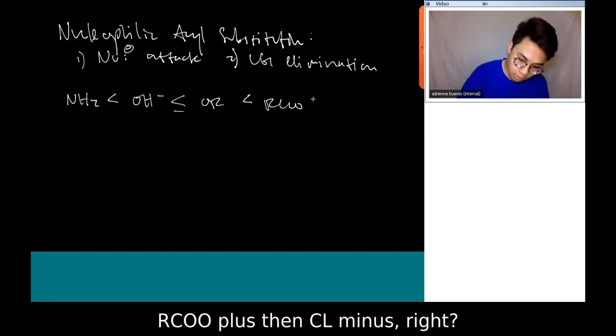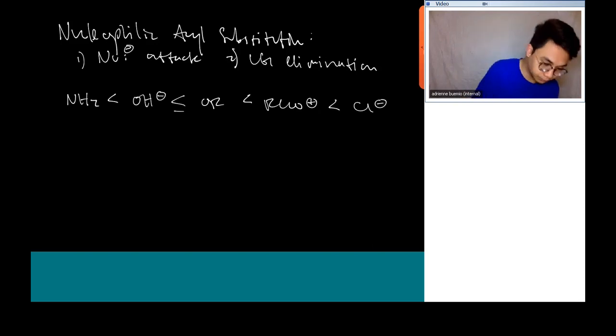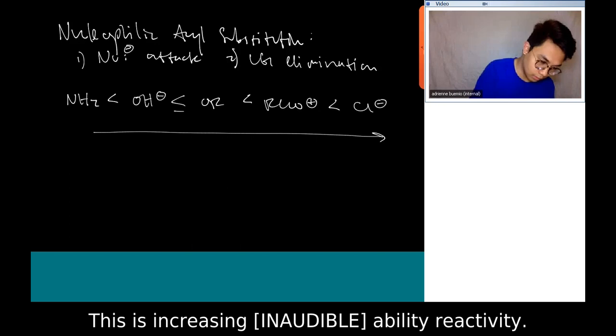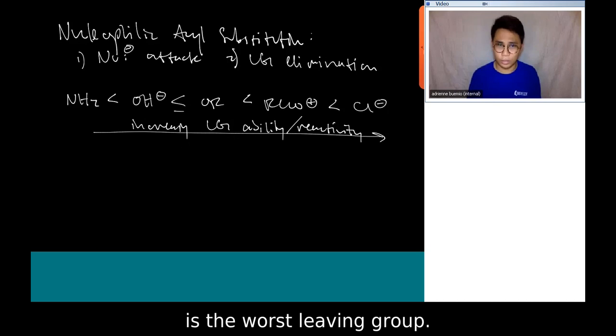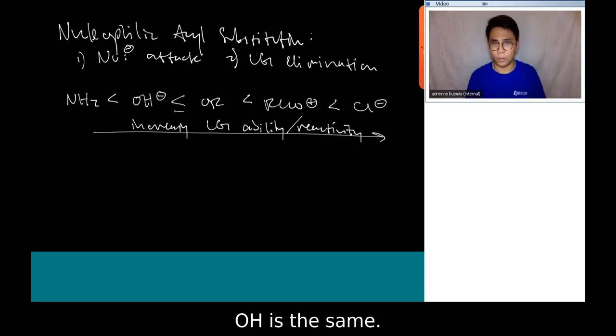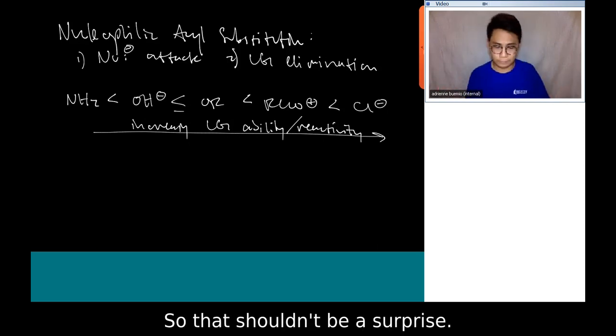RCOO minus, then Cl minus, which is pretty much halogens. So this is increasing leaving group ability, reactivity, right? And we kind of know that because we know for sure NH2 is the worst leaving group. It never leaves. OH is the same. Same with OR, and then the best ones are the halogens, right? So that shouldn't be a surprise.